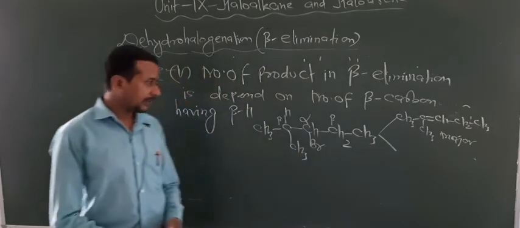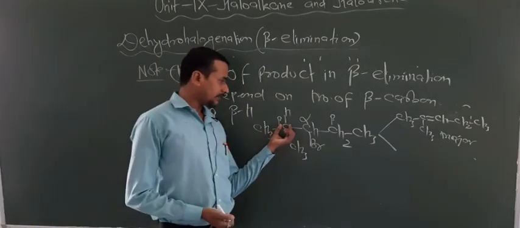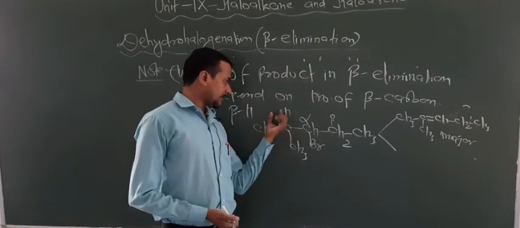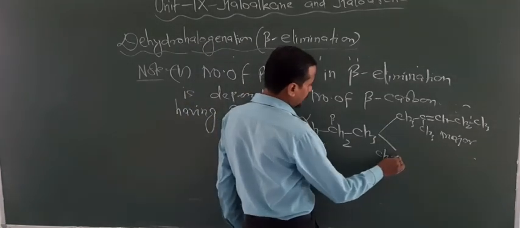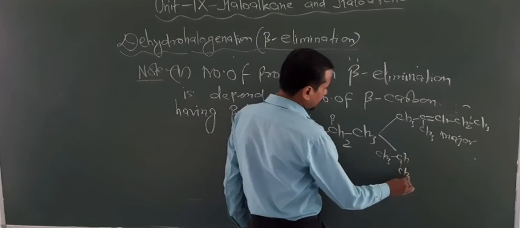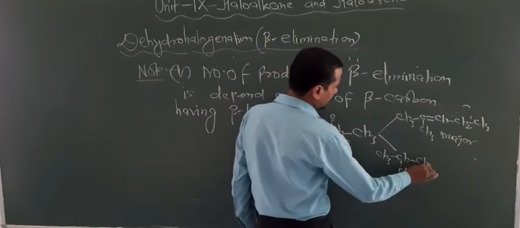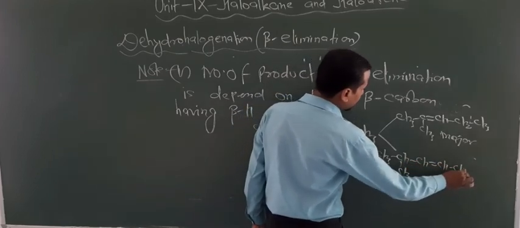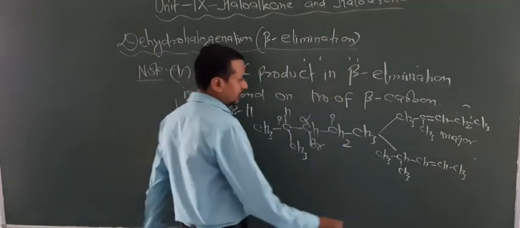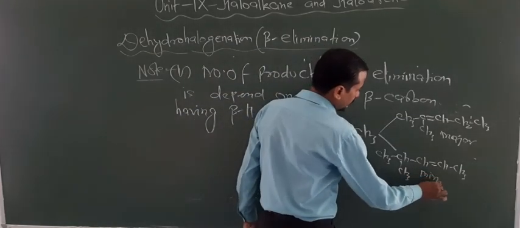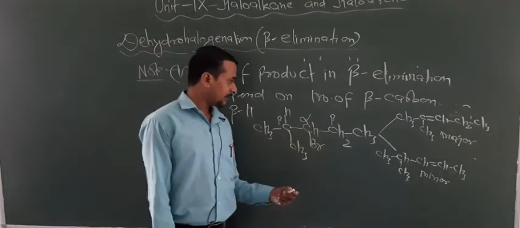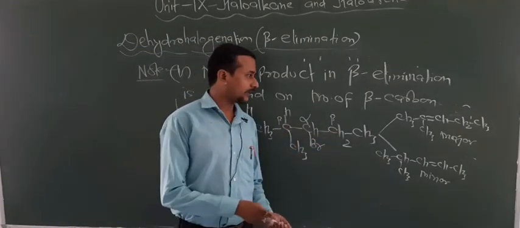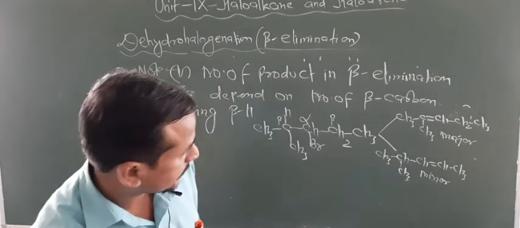I told you that according to the Saytzeff rule, those beta H which are less in number can be removed. Now the second product, that is the minor product, is CH double bond CH single bond CH3. So this is the minor product. That means here there are two beta carbons with beta H, so this will give two products. One product is major and one is minor.